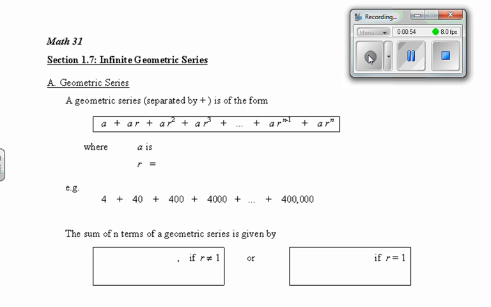Now we have two things here. We have A symbolizing the first term, and R symbolizes the common ratio. What is a correct calculation for R?